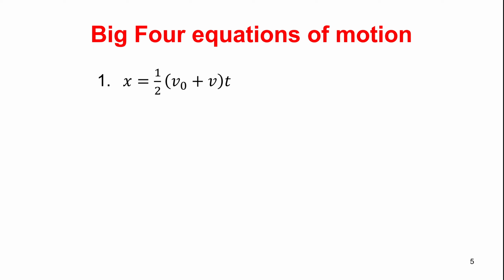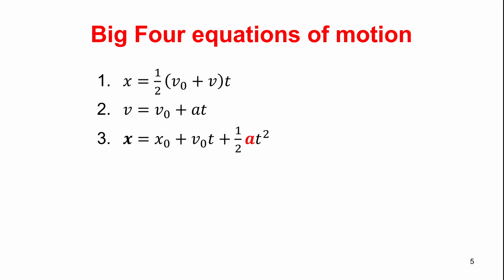The first one tells us that displacement is equal to 1/2 of the initial velocity plus the current velocity multiplied by time. The second equation relates the velocity to acceleration. The current velocity is equal to the initial velocity plus acceleration multiplied by time. And the third one relates the displacement to acceleration.